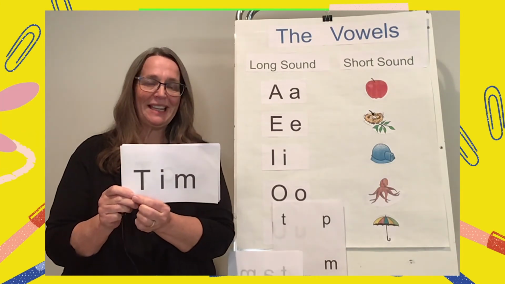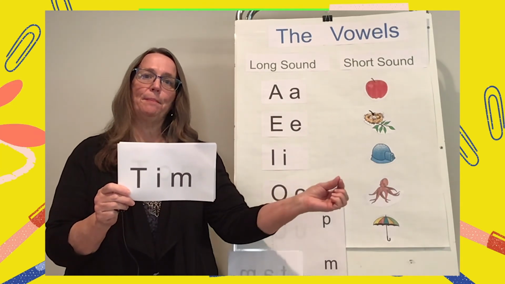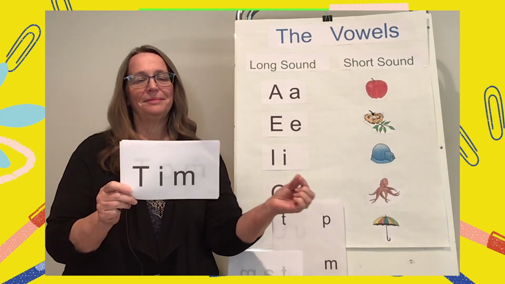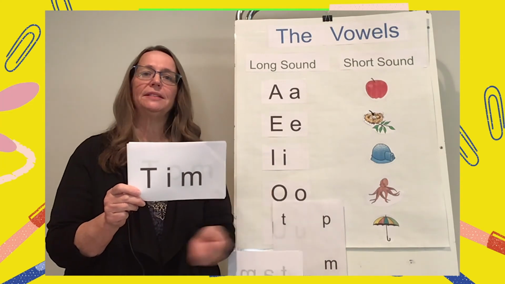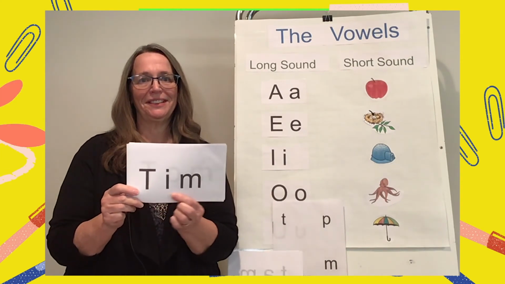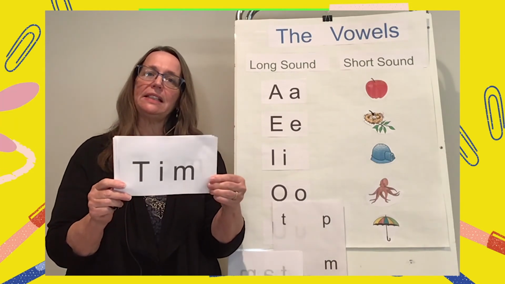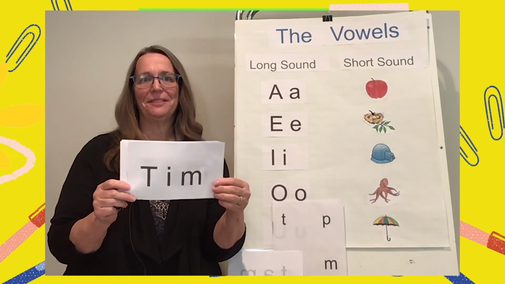I'm going to blend it out long and slow. Tim. Now you do it. A little faster. Tim. Your turn. Now, say it with me just like you were reading this name in a story. Tim. Now do it by yourself.